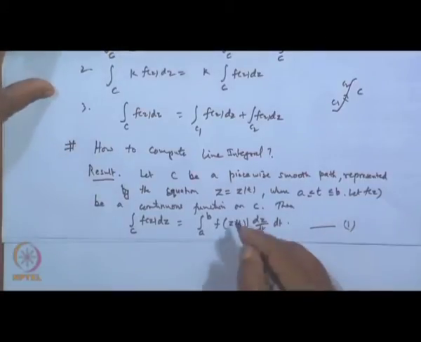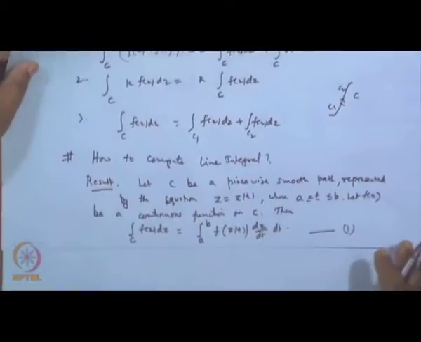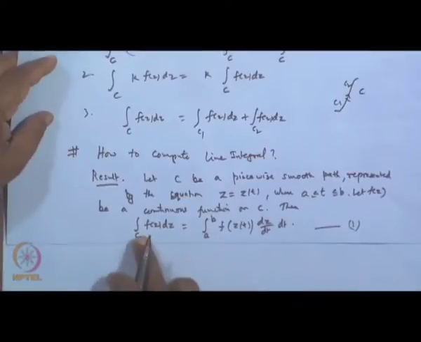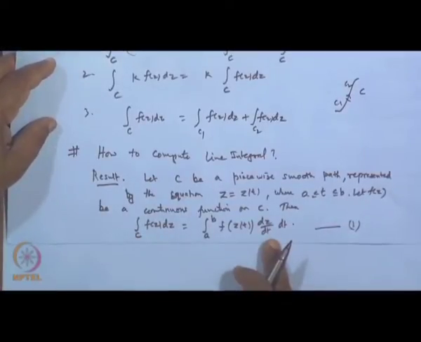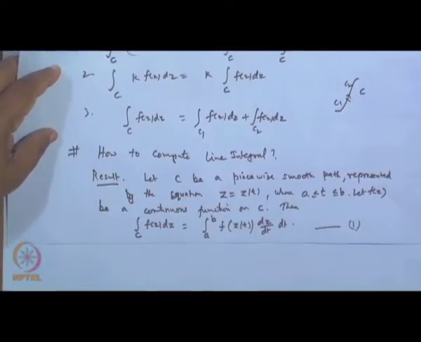That's so. Let us see first how to apply it. In order to bring it from the line integral to the definite integral of t, what we have to do?